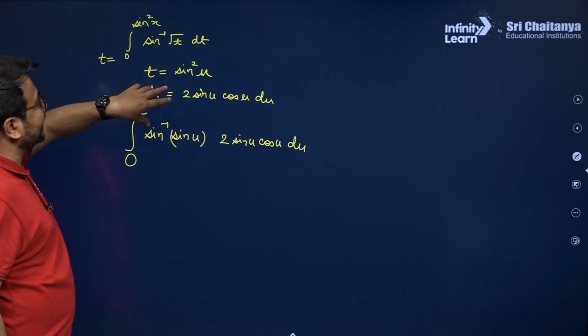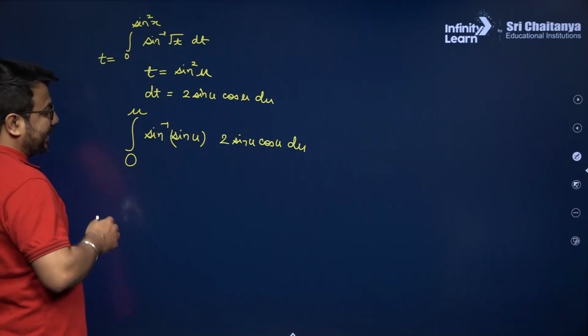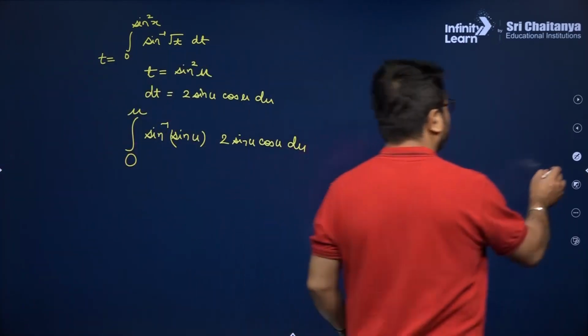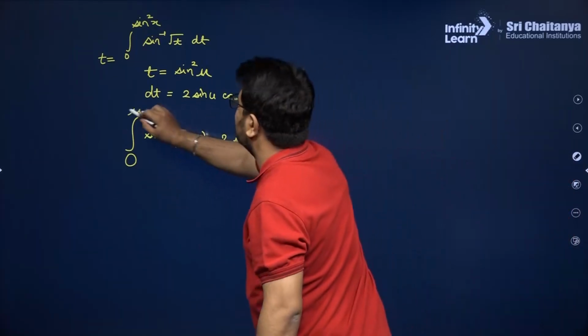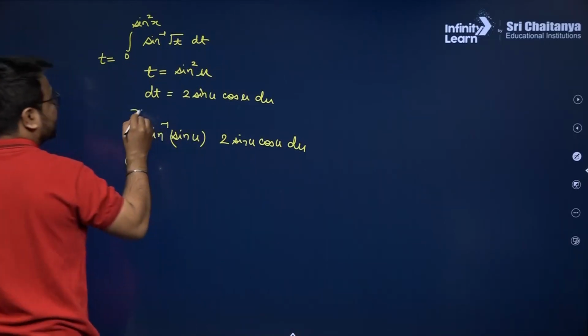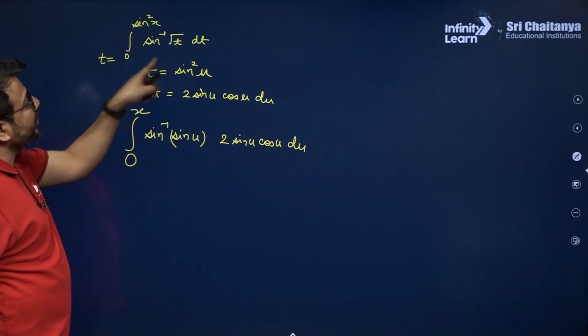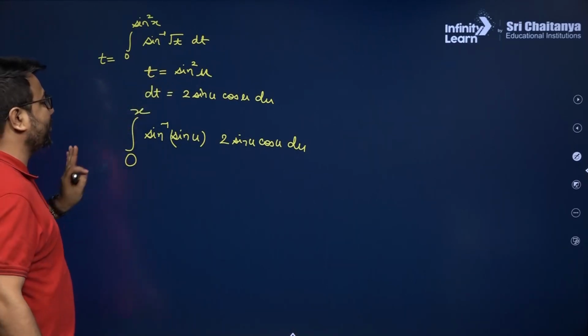The value of u we need to determine. The value of u in that situation will be equal to x, because if I place the value of t as sine square x, then sine square u is equal to sine square x, so u will be equal to x.